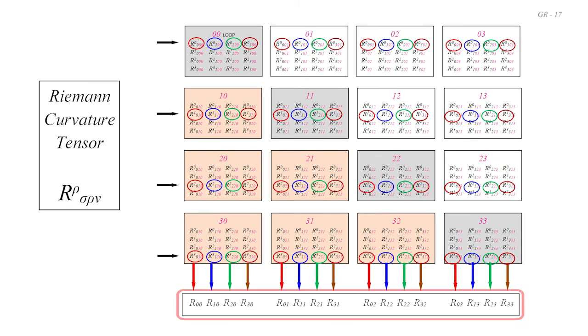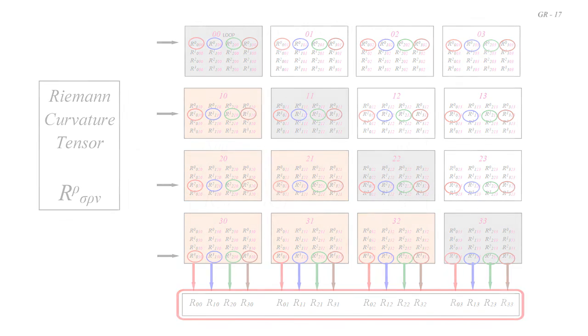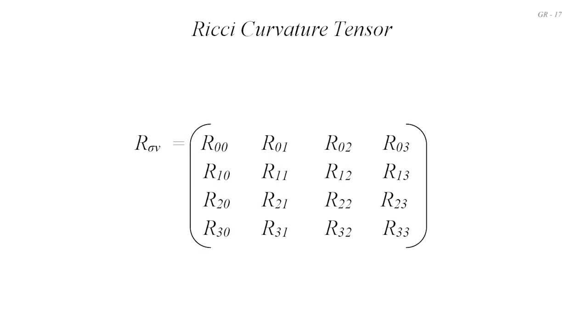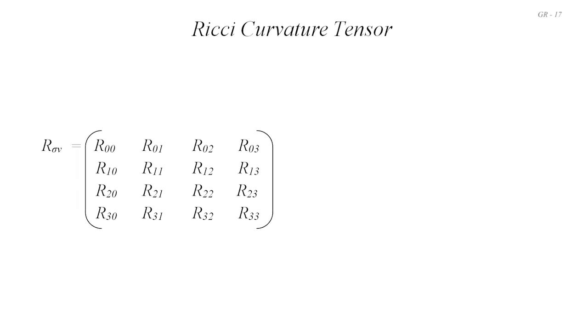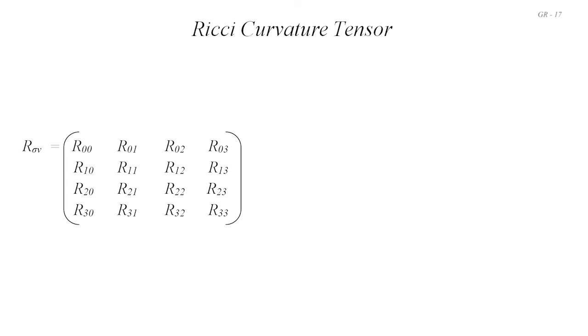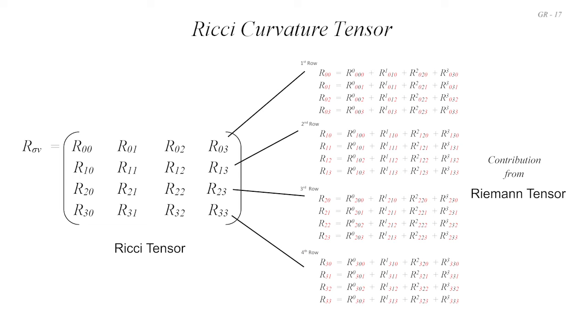Hence we get these 16 components along the bottom here, which are the 16 components of the Ricci tensor. If you think about it, these 16 components have been made up out of 64 terms from within the 256 terms of the Riemann curvature tensor, and are here arranged into 16 components in a 4x4 matrix. If we were to write down these 16 components of the Ricci tensor in terms of the subset of the 256 Riemann components, they would look like this, where the Ricci indices have been highlighted in red.